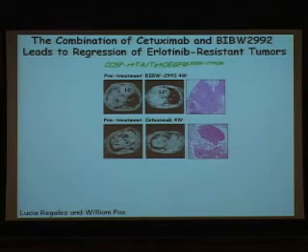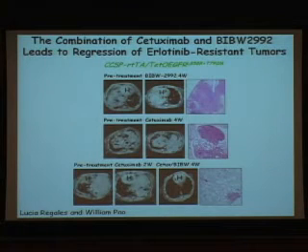And if we treat them with an antibody to EGF receptor, cetuximab, we also in this case do not see the tumors go away. But interestingly, the combination of both of these drugs is very powerful, and we see remarkable responses in these transgenic mice. So the combination of BIBW plus cetuximab suggests that this may be a way of overcoming T790M-mediated resistance.